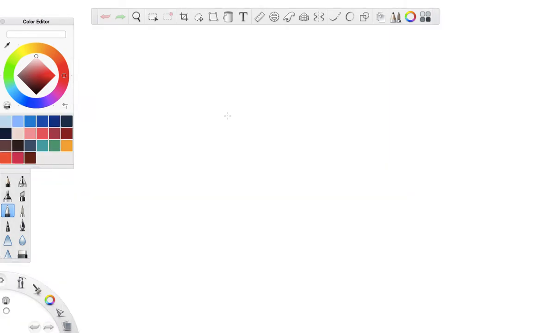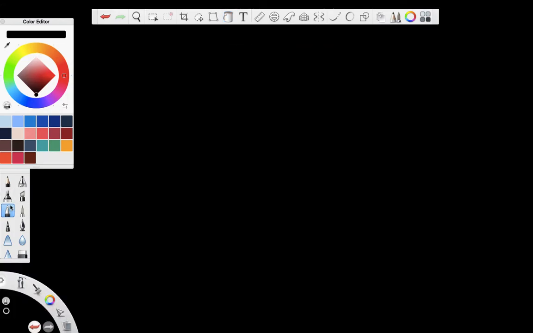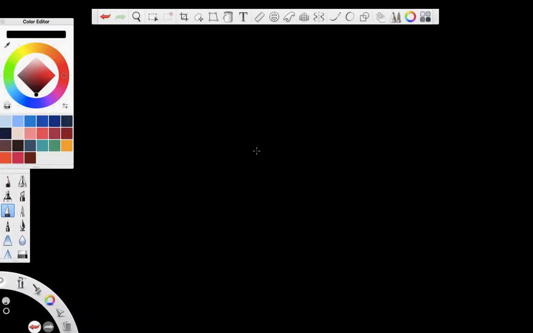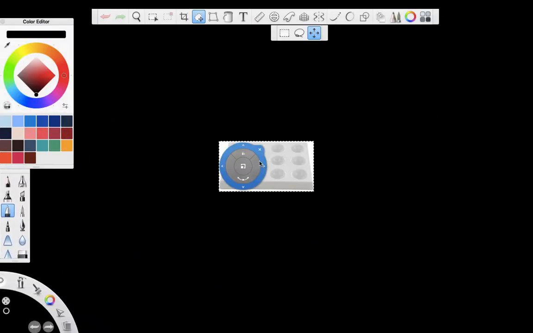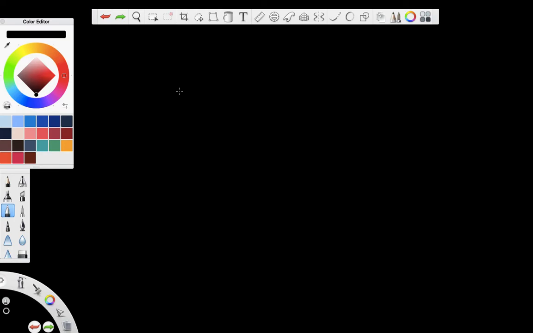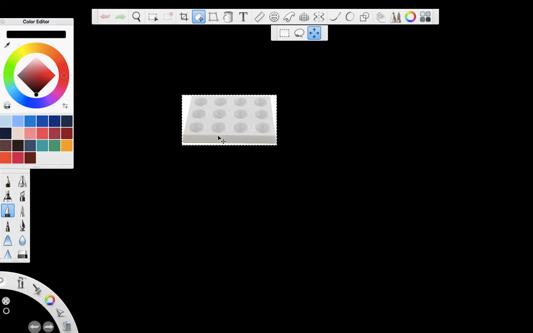So, what you've got is your spotting tile, into which you have added your iodine from earlier. Okay, I've done that wrong. I'm just going to leave it like that.